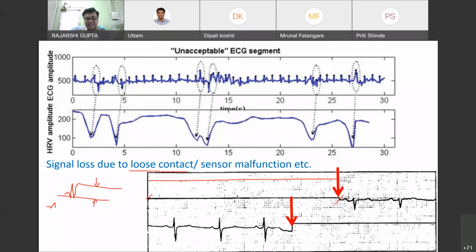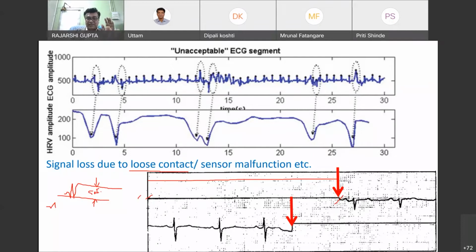So it is the case where there is no signal. That means the contact is totally lost, and in some cases there may be complete saturation of the signal, and this occurs due to the sudden movement of the patient.